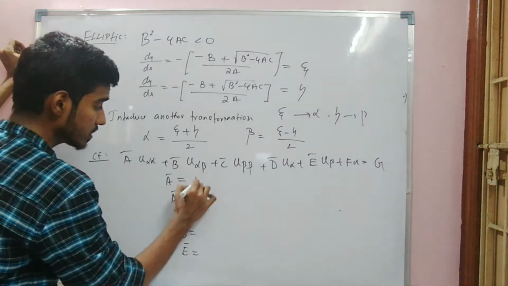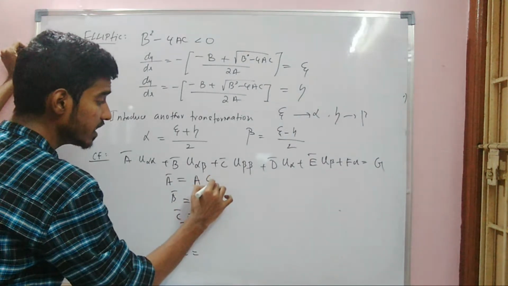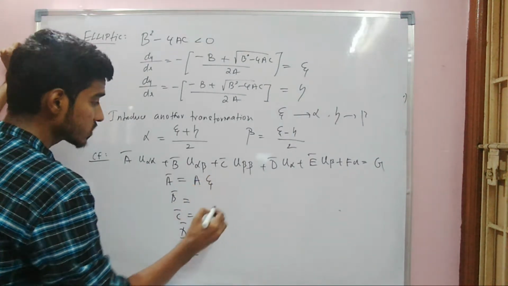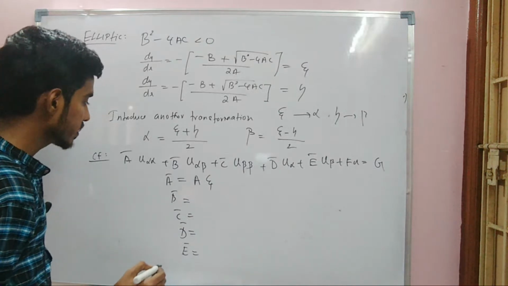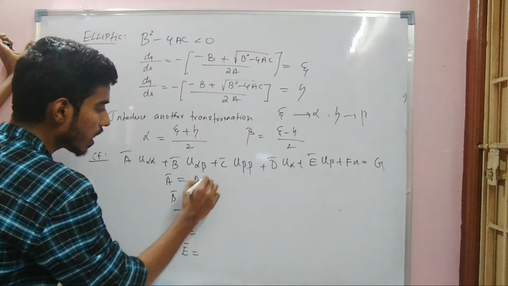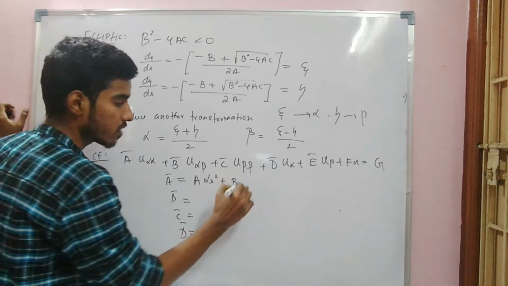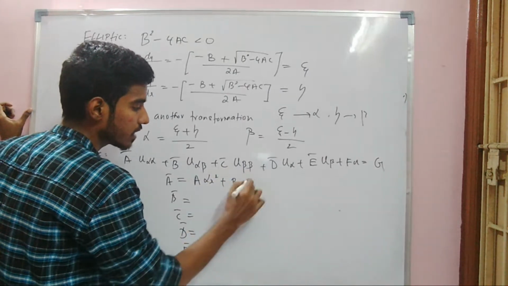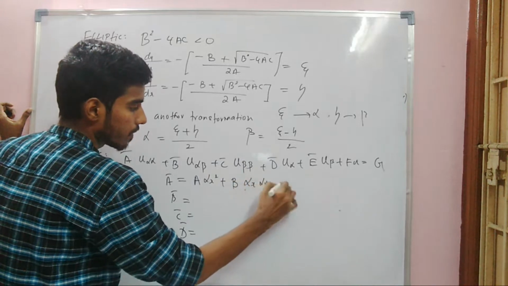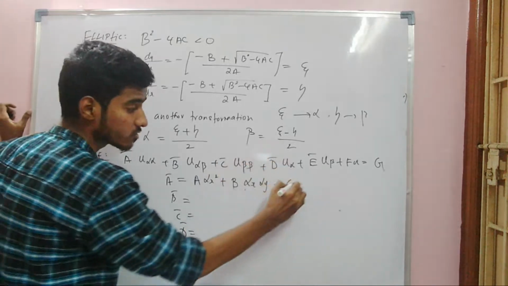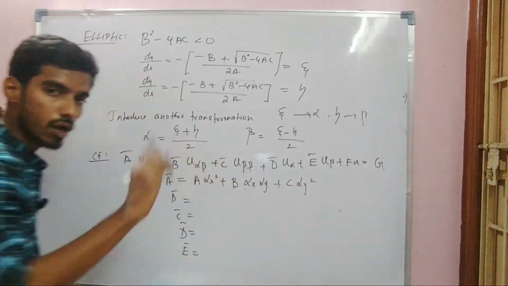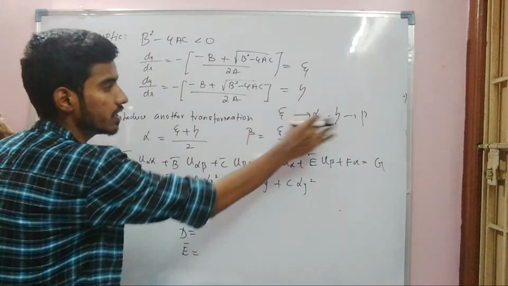For example, what is our a bar formula? A into theta x square, plus b into theta x theta y, plus c into theta y square. That means you have to change this to alpha x square, alpha x alpha y, and alpha y square. You have to change theta to alpha, eta to beta.